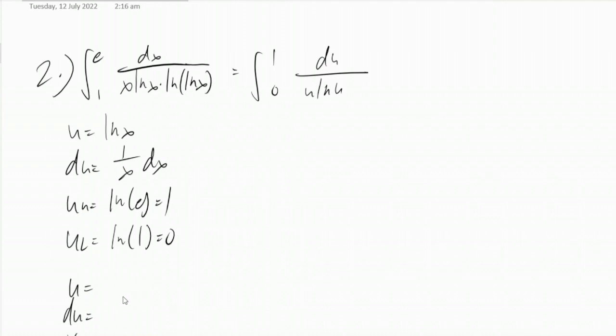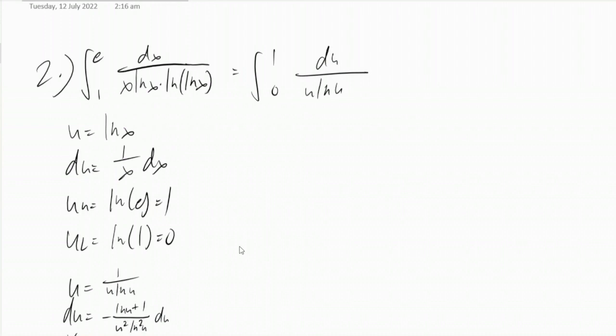First the u is 1 over u ln u, and then the derivative of u is negative, ln u plus 1, all over u squared ln squared u du. Next we get dv from here too, that is just du, and then the integral of dv, which is just u.